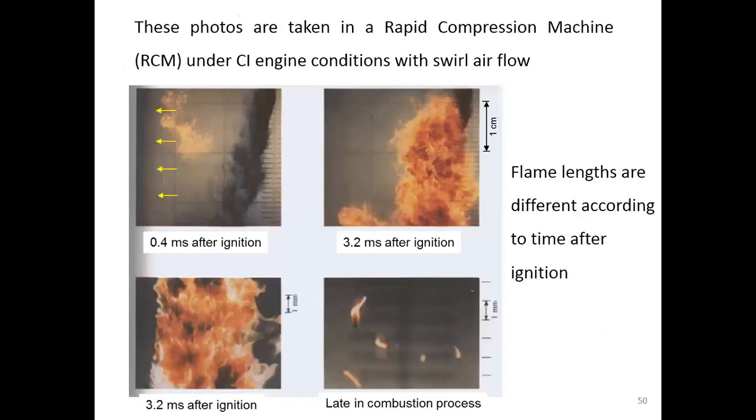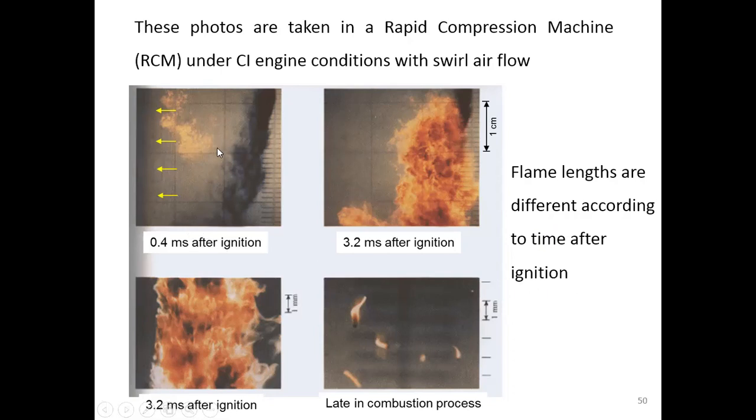Right? And if you take a look in the combustion chamber of the CI engine, you will see this picture. The thing that you notice is what? You can see that the flame lengths are different according to the time after ignition.